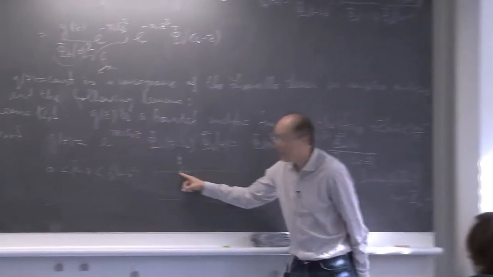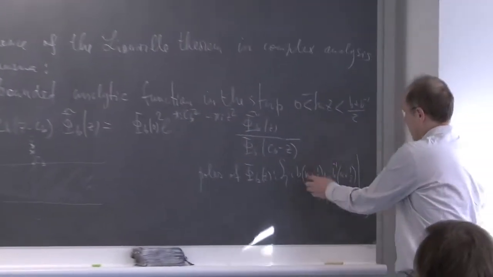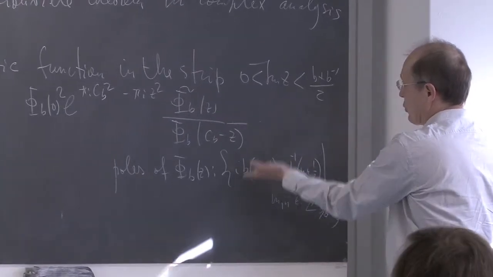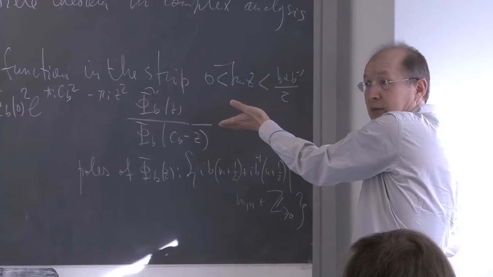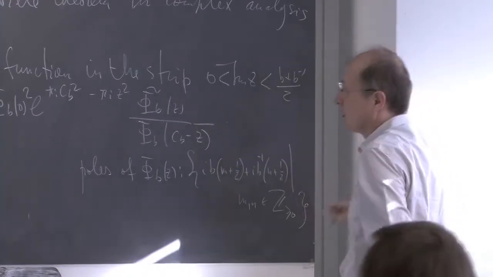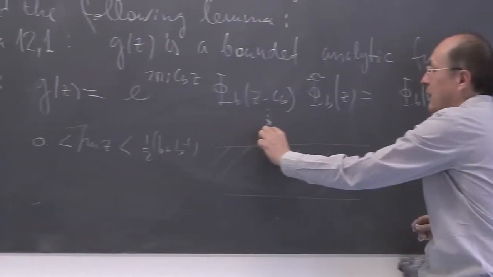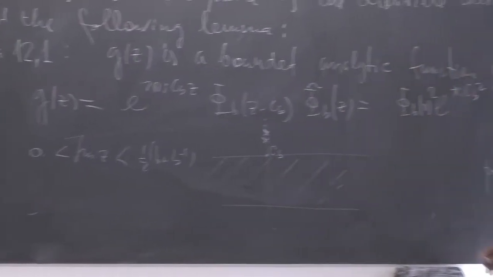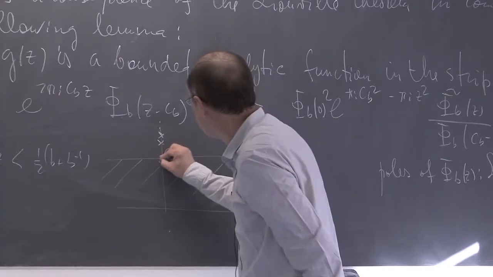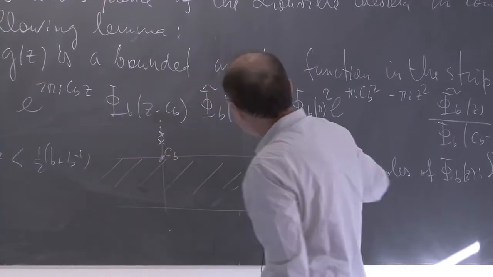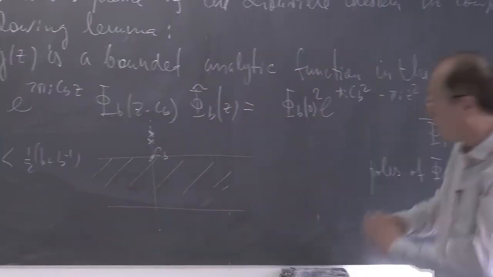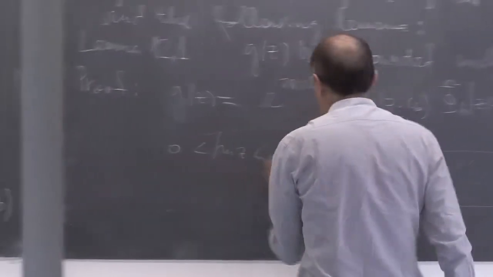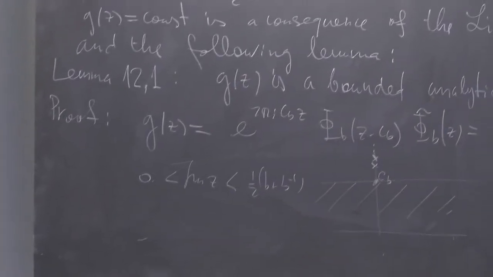So this is the very first pole. And then when we add, we add imaginary quantities of strictly positive imaginary part. So we have a finite gap here from the rest of the poles. But the very first pole is here, and exactly through this point passes the boundary of that strip.